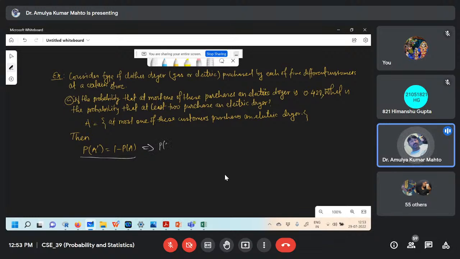So this is going to be A dash equal to 1 minus probability of A, 1 minus 0.428. Okay, so this is 0.572.